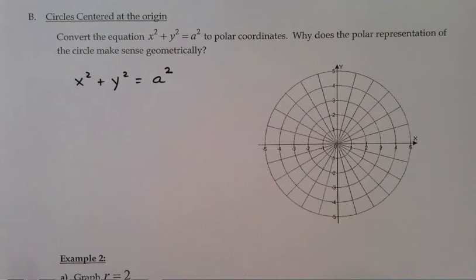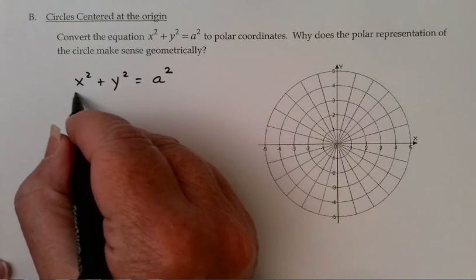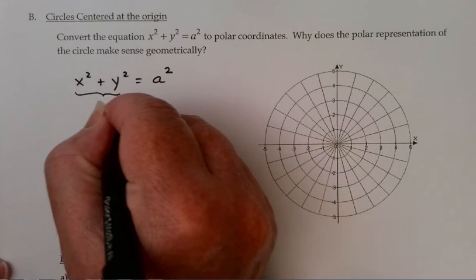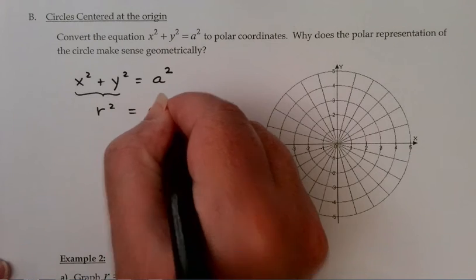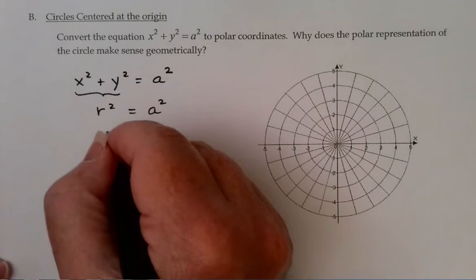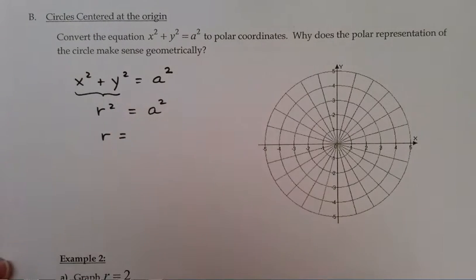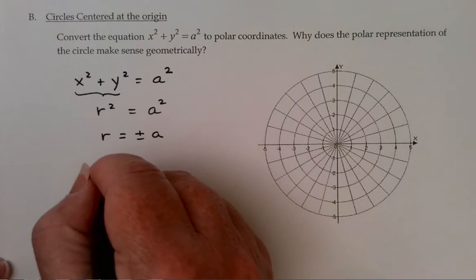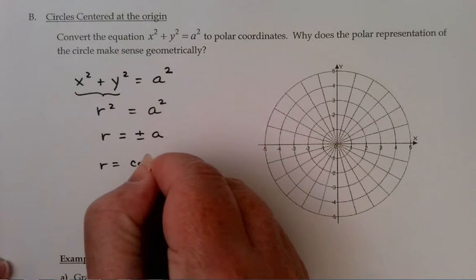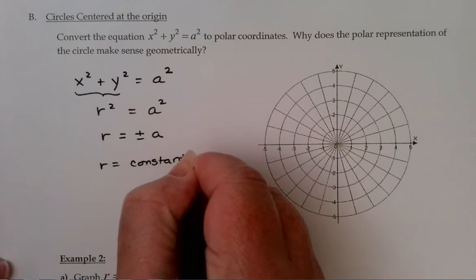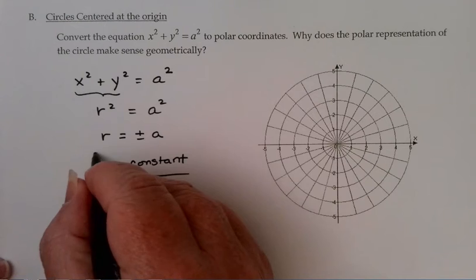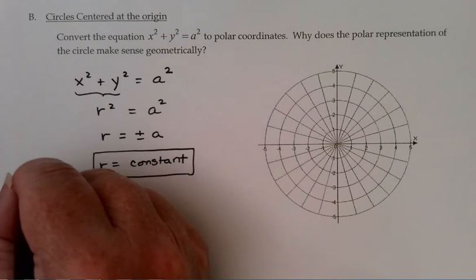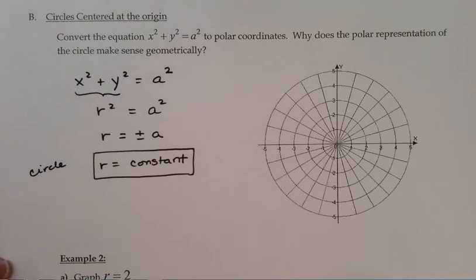And again, using what we know now about our polar rectangular conversion equations, x squared plus y squared is just r squared. So that says r squared equals a squared, or r equals technically plus or minus a. In other words, r equals some constant is going to be the equation of a circle in polar coordinates.